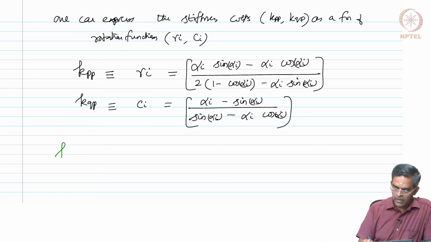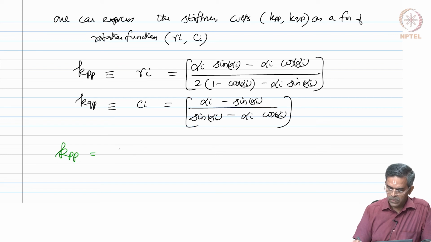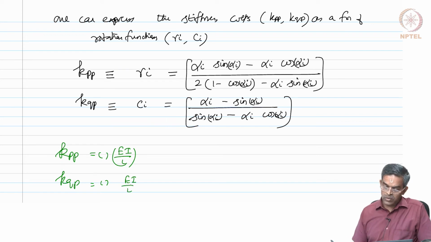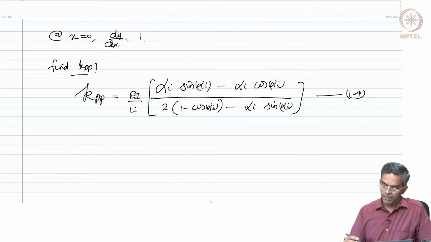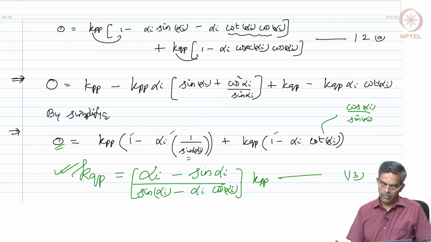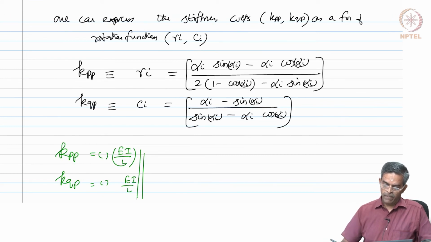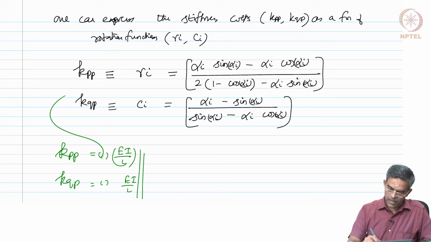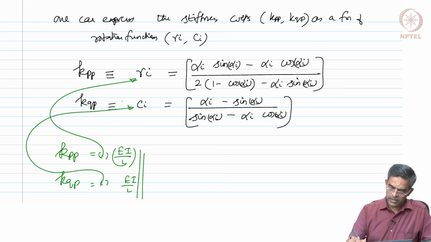Friends, if you remember KPP, this was some function of EI by L, and KQP is also some function of EI by L. Here also you look at this equation, KPP is a function of EI by L and KQP is a function of KPP, which is again EI by L, is it not? So I am just trying to express these KPP as Ri and KQP as Ci.